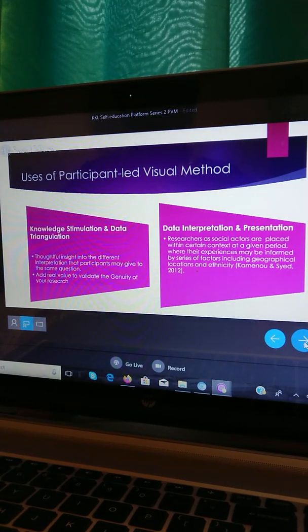So the fourth element of my participant-led visual method is knowledge stimulation and data triangulation, which is where my major methodology contribution sits. The first part is it will help you to thoughtfully, like I said, get insight into the different interpretations that your research participants may ascribe to the same question.